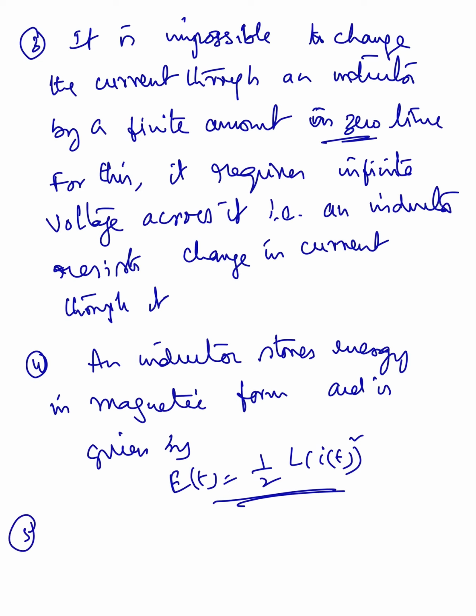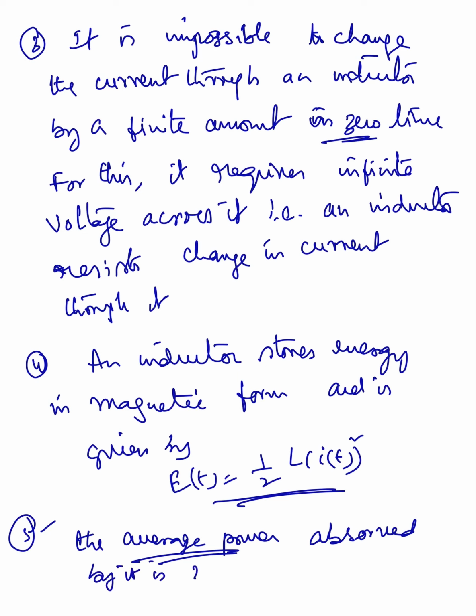The last characteristic of an inductor is the average power absorbed by it is 0. Average power, not energy. The average power absorbed by it is 0. Average power absorbed by the inductor is 0.